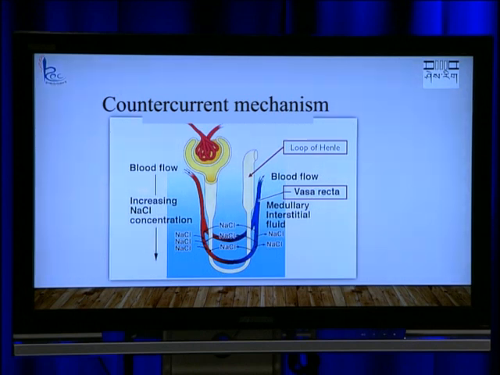This countercurrent mechanism helps to maintain a difference in concentration gradient between the glomerular filtrate and the renal medulla.